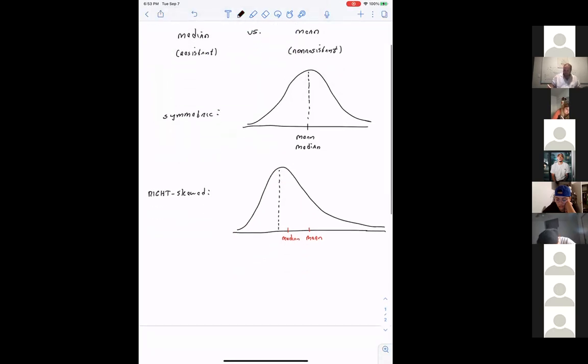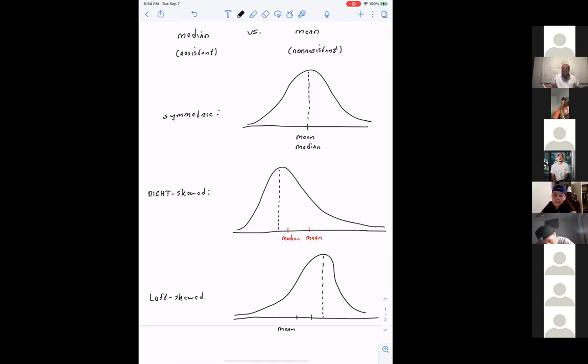And if it was a left skewed graph, then what would be the relation here? Where would the mean and median go in the case of a left skewed graph? Shift slightly to the left. Which one shifts more? Mean. The mean would always, well, I use the word always with quotation marks because you can actually create very weird scenarios where it's not true.